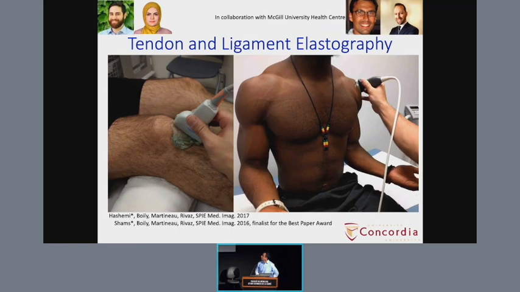Right. So this is another example of using ultrasound and elastography for tendon and ligament imaging. Again, this is Dr. Bouali imaging an athlete at the Perform Center, and I think this one's me imaging a PhD student.